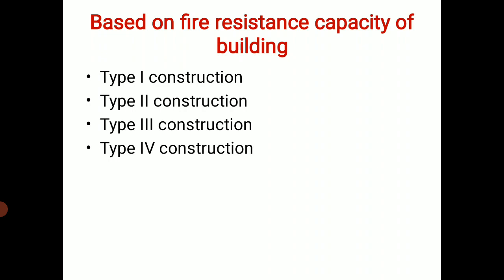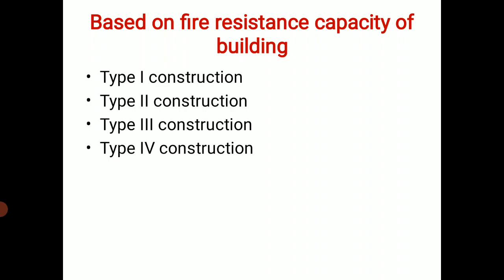And type 3 construction means all the exterior structural components, and also the interior components except the inner walls, are all made of incombustible material, and the fire resistance capacity is 2 hours.